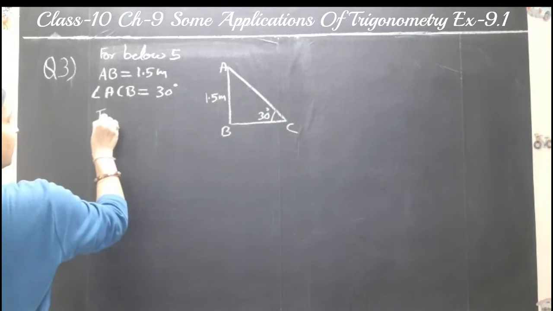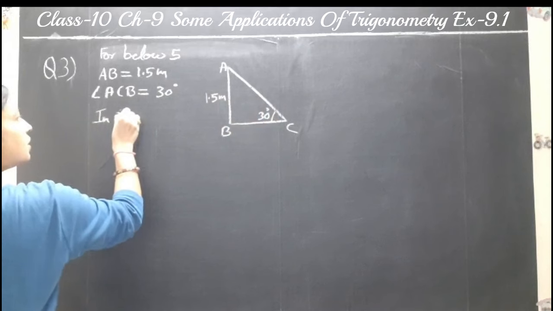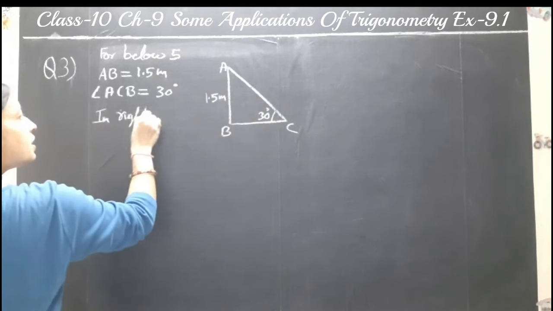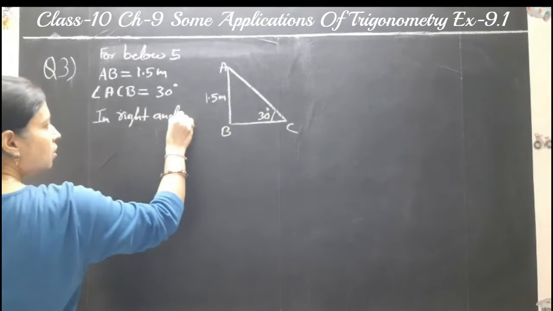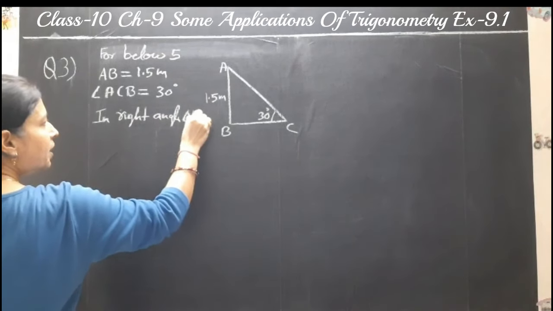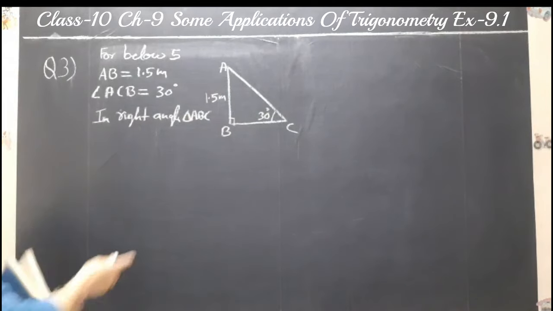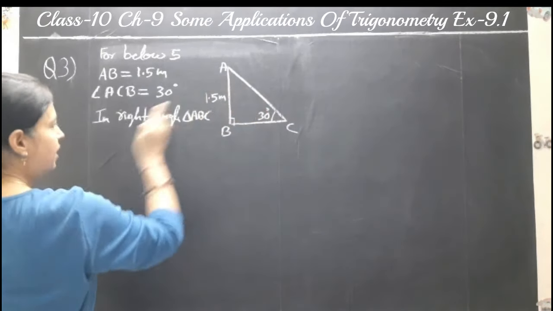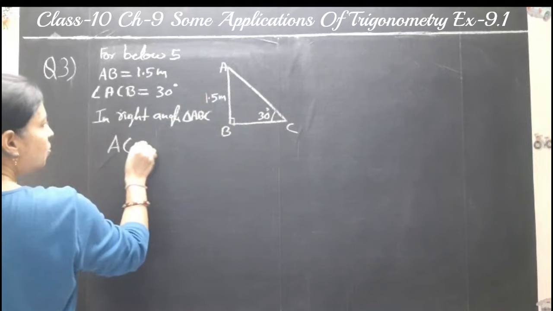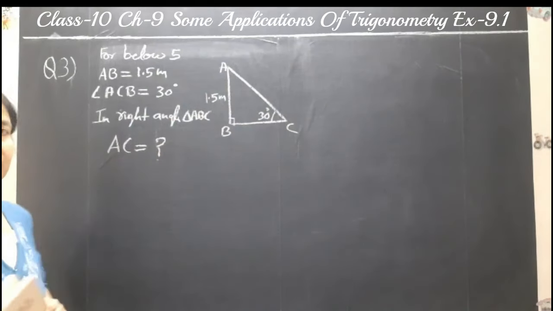So in right angle triangle ABC, here this one is 90 degree. We have to find out AC.